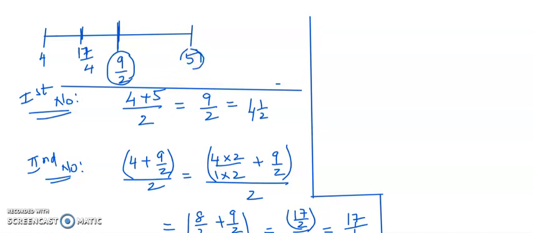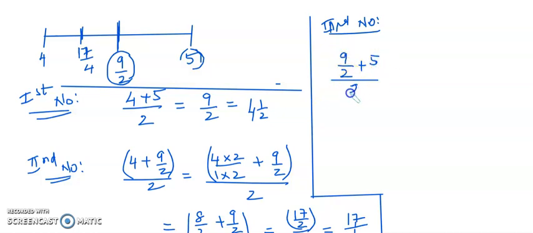I'm going to add these two. So the third rational number is 9 by 2 plus 5, divided by 2.